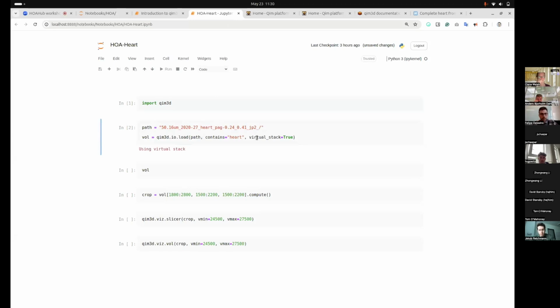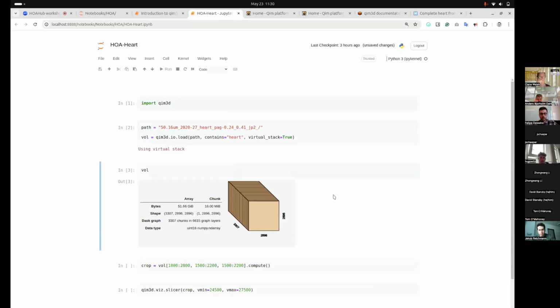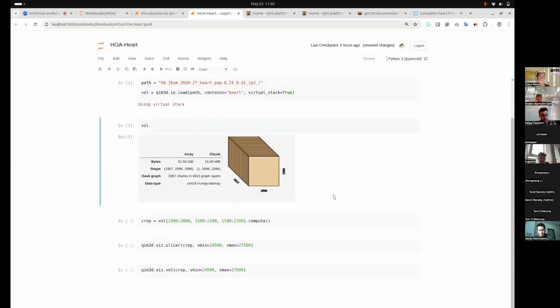And because I'm calling a virtual stack, it's using Dask to create a virtual object using chunks of this data set. So the data set is not directly loaded into memory, but Dask allows me to just use the data when needed. So in this other cell here, I'm just getting the data from one specific part of the volume.